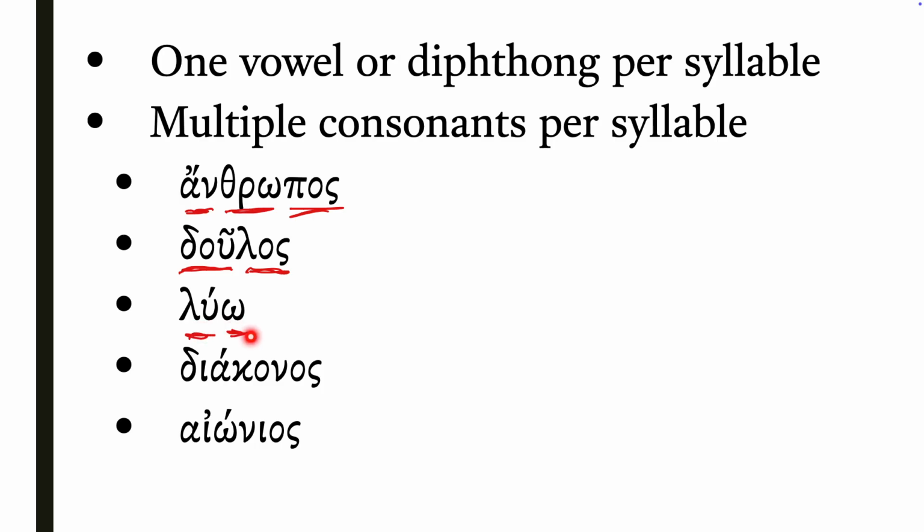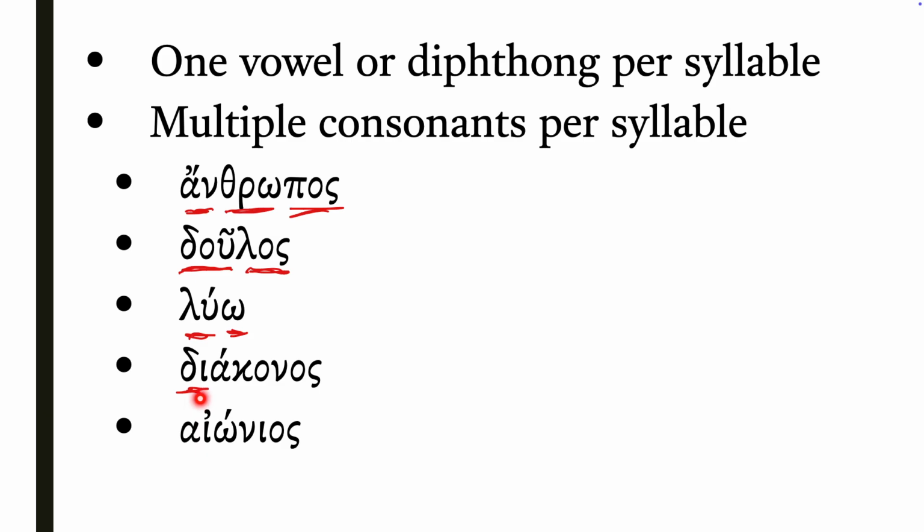Lu, o. Again, another tricky one here because we are going to want to, in English, put this iota and this alpha together, but Greek does not do that. That is not a diphthong. It is 2 vowels that are going to be pronounced separately from one another.